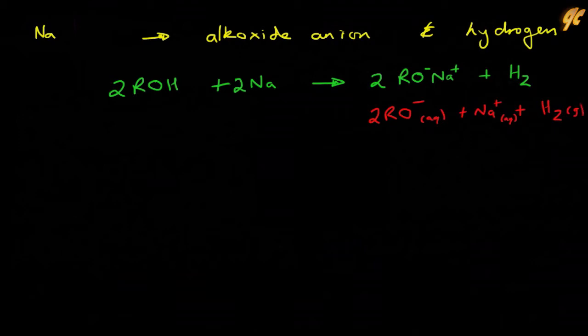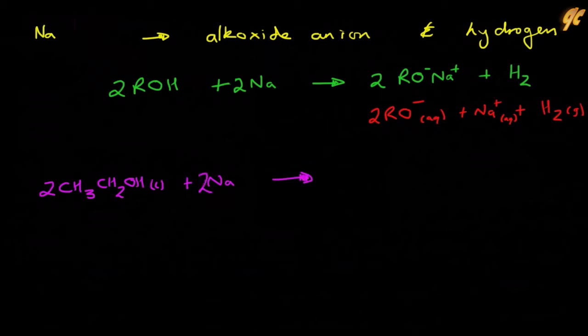So let's give an actual example with a real alcohol molecule now. So let's simply take ethanol. Notice the stoichiometry isn't going to change no matter which alcohol we use. So it's always 2, 2, 2 and then 1 hydrogen at the end. So if we take ethanol, which starts off in its liquid form, we react this with sodium, and we must remember there are 2 sodiums.